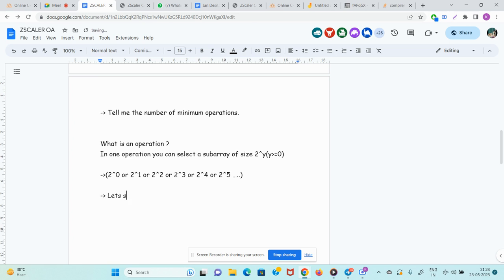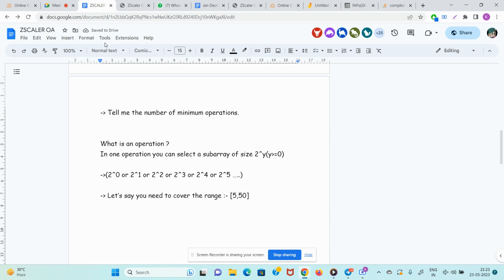Let's say you need to cover a range of 5 to 50. Okay guys, we need to cover the range of 5 to 50.